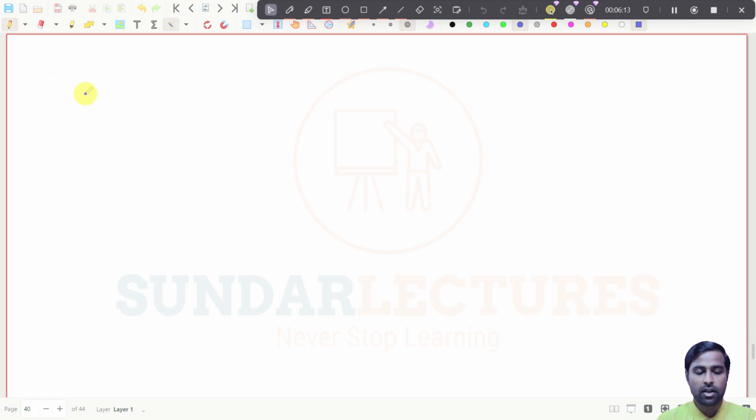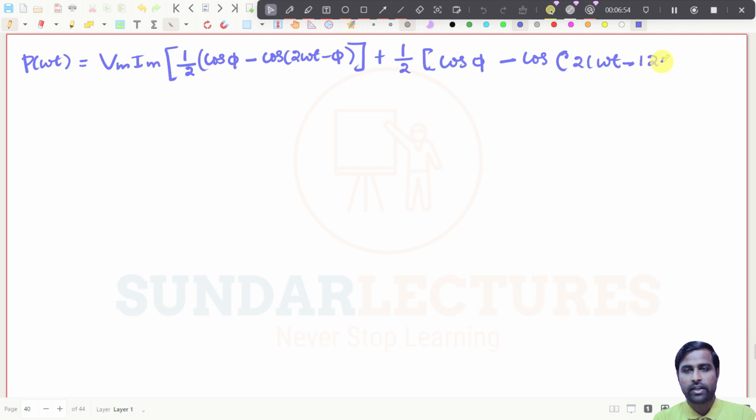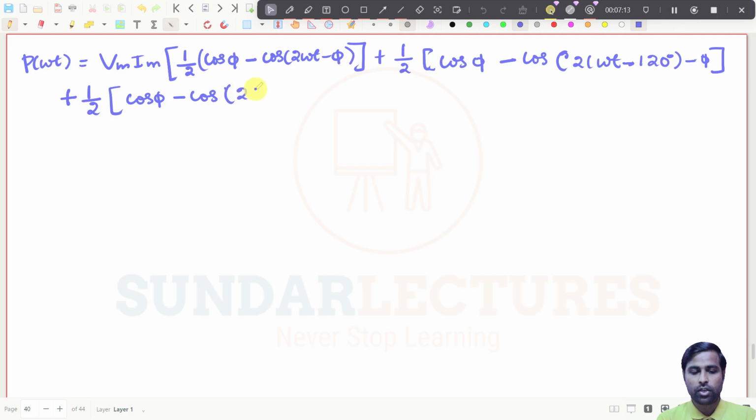I'm just writing out the final expression. What I'm getting for P of omega t is Vm Im multiplied by 1 by 2 cos phi minus cos of 2 omega t minus phi, plus 1 by 2 cos phi minus cos of 2 into omega t minus 120 degree minus phi, and then plus again 1 by 2 into cos phi minus cos of 2 into omega t plus 120 degree minus phi.